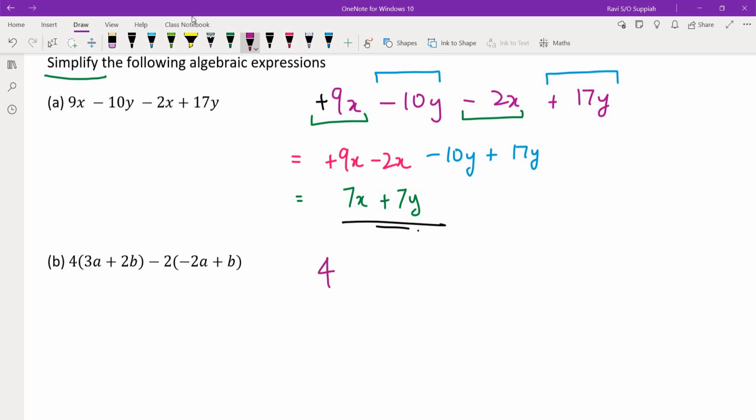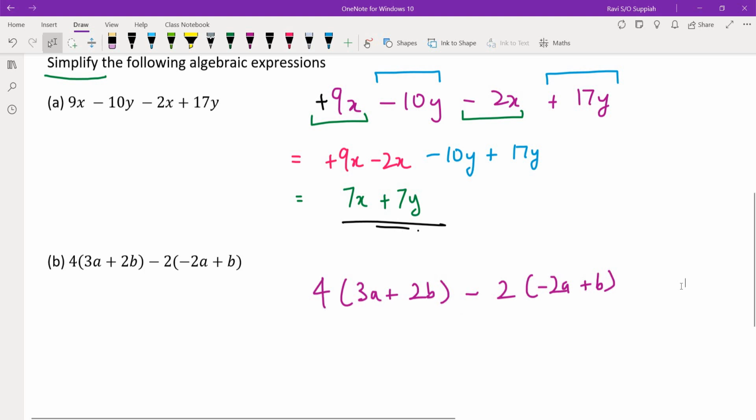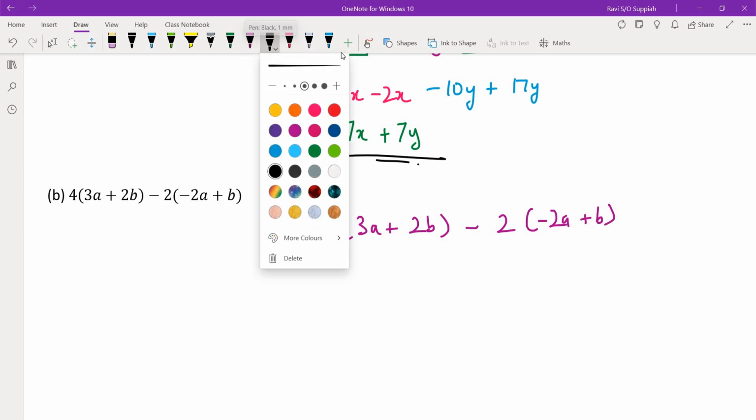So you have 4 bracket 3a plus 2b minus 2 bracket minus 2a plus b. This is the expression that we have, and the first thing is you want to open up the brackets.